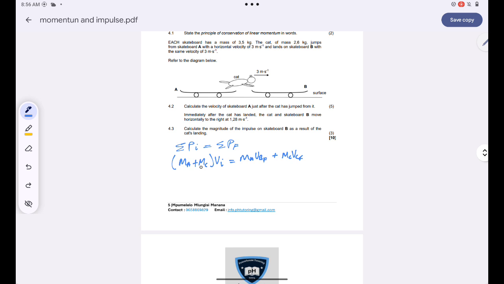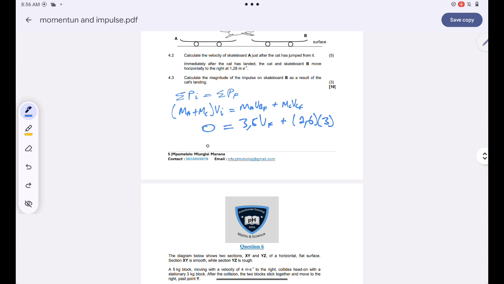If I multiply everything by 0 on the left hand side, I'll simply get a 0, and then I'll say 3.5 multiplied by the velocity of the skateboard plus 2.6 multiplied by the velocity of the cat, which is just 3. Then you perform the mathematical gymnastics. The velocity of the skateboard after collision has to be negative.